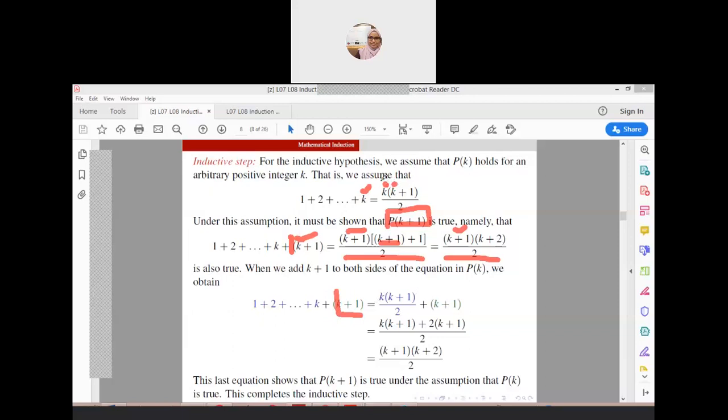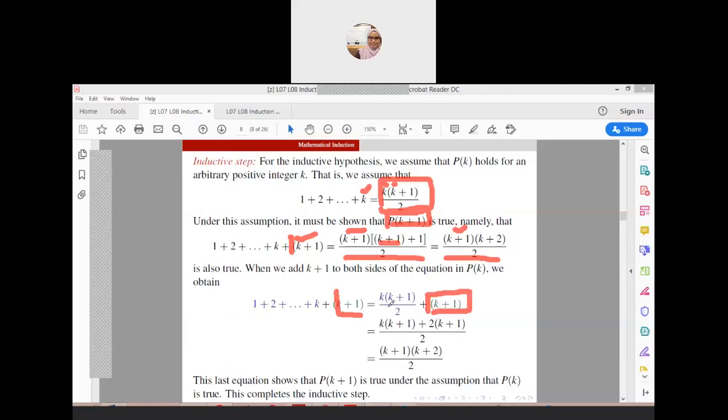From the original one, just add k plus 1 beside it. Then rearrange this equation until you get the result.